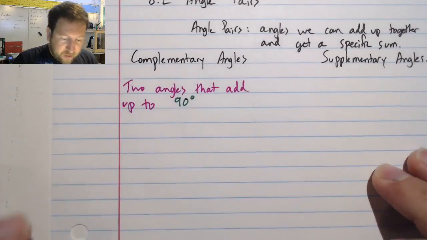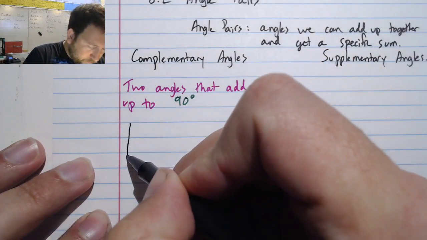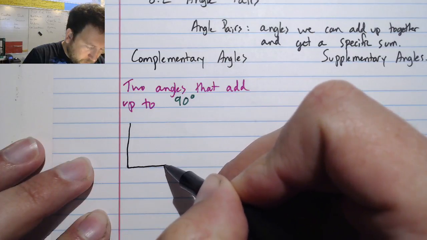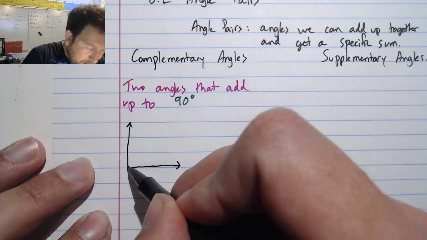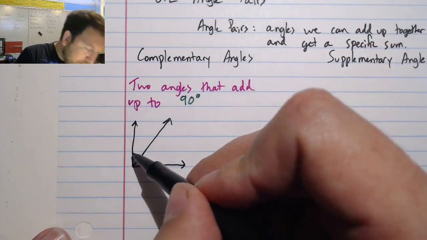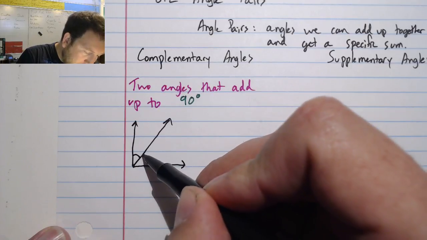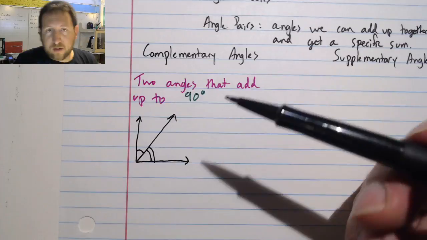In fact, we often just start by building a giant right angle like this. Pretend that my lines are perfectly straight. And I may have another line that goes like this, and I have an angle here and an angle here. Lots of times you see them labeled like this, or in two different colors.